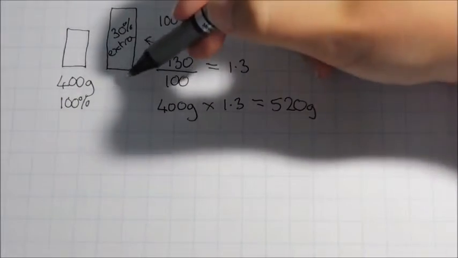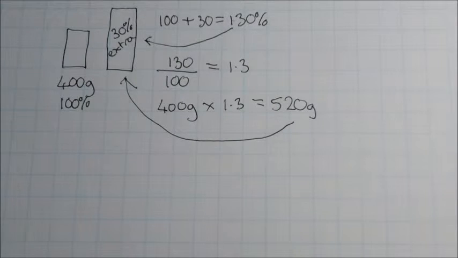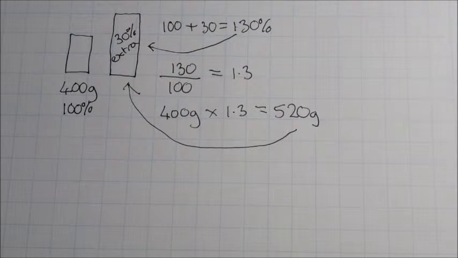Now that is your new amount of cereal in your new box, which is what you've got there. Obviously if you ended up with a smaller value, you ended up with less grams of cereal, you know you've done something wrong. So you can quickly work out whether you've made any mistakes without having to check all of your work. So that is how you would work out a percentage increase.